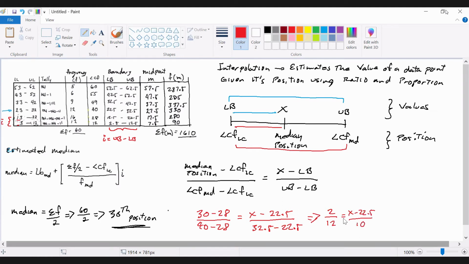Okay, solve for x. 20 divided by 12 plus 22.5.